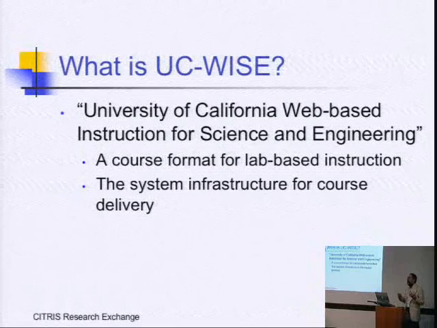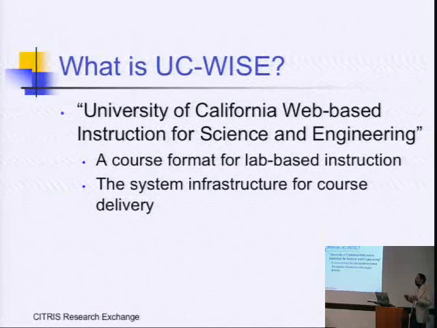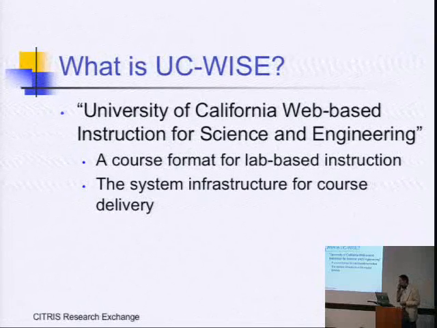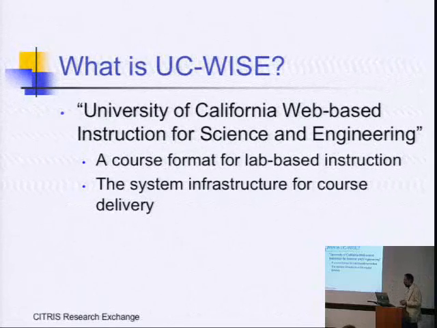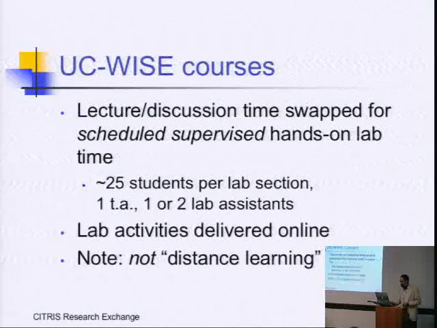And then we also talk about the UCWISE system, which is what's going on under the hood, the online stuff and the computing facility with which we can deliver these UCWISE courses.